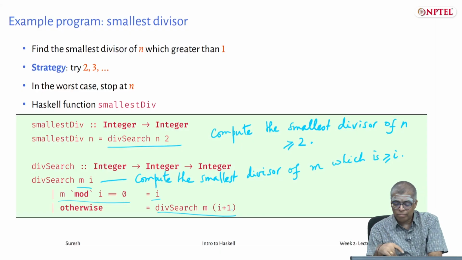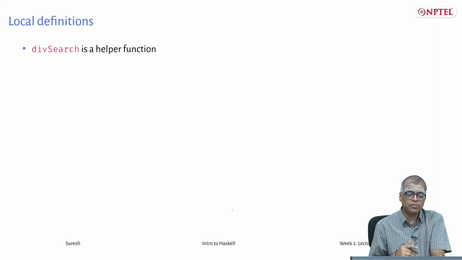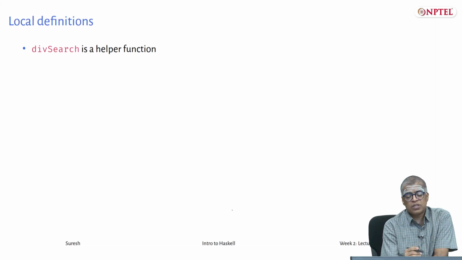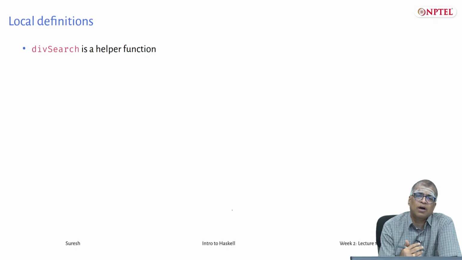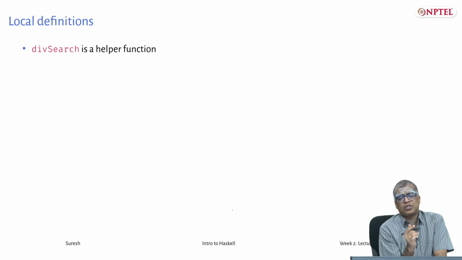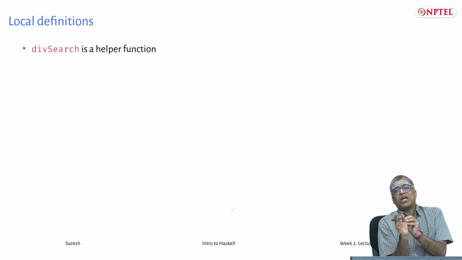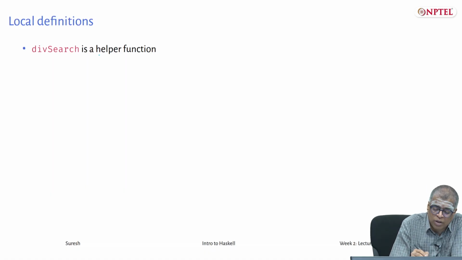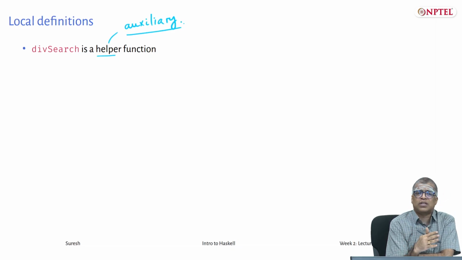This is a nice program, but there are a couple of ways in which you can improve this. This div search is a helper function. It does not have much independent use of its own. You will typically have situations where you want to define a function and that requires you to define what are called helper or auxiliary functions, and you do not want to keep defining these at the top level.